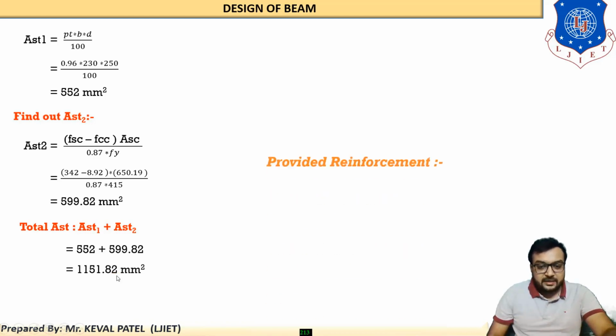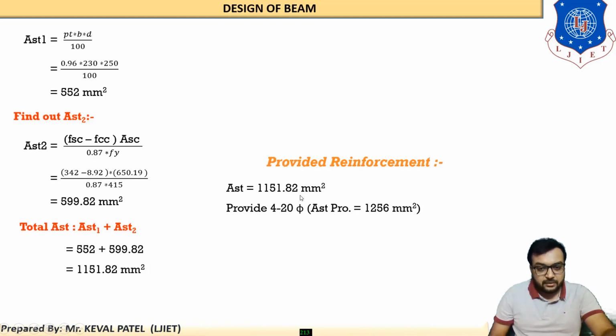So our provided reinforcement is, first of all, for the minimum required Ast of 1151.82, we have to provide 4 numbers of 20 mm diameter bars. Students, you have to understand that in every example it is not compulsory to provide 20 mm, 16 mm or 12 mm diameter; it depends on you. In this example, we provide 4 numbers of 20 mm diameter, so provided Ast is equal to 1256 mm square.